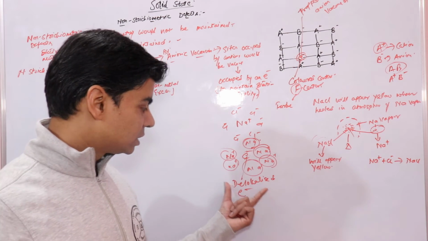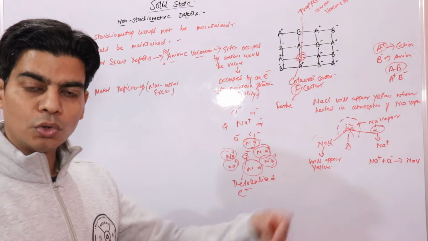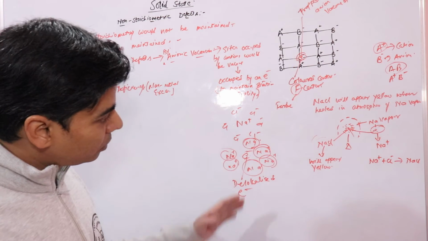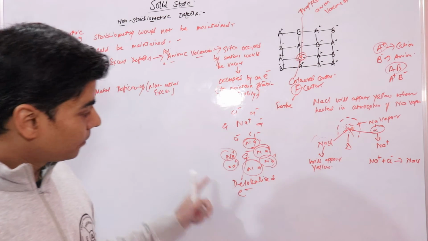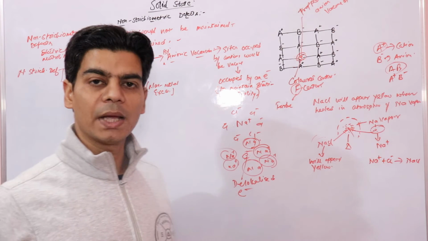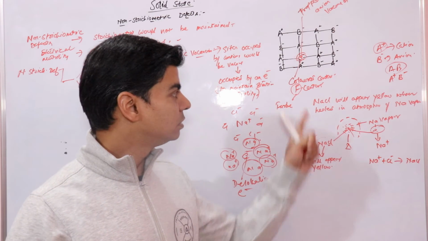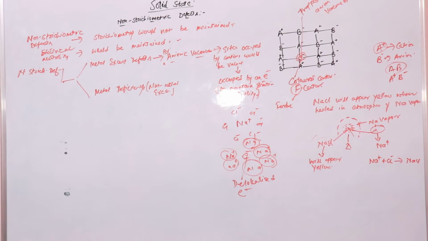And this is similar to the conjugated system that we see in conjugated organic compounds. And how it gives color to these crystalline solids: these electrons will absorb light energy and move to higher levels, due to which these crystals will appear colored. So this is important, these F centers, and how they appear colored.